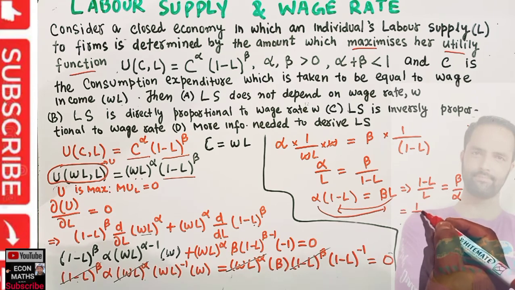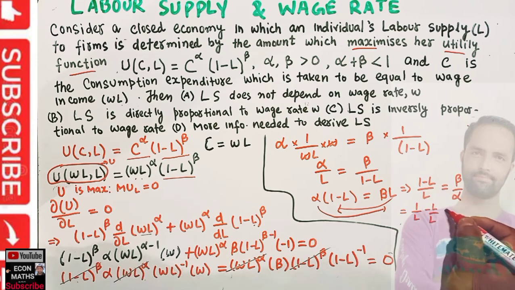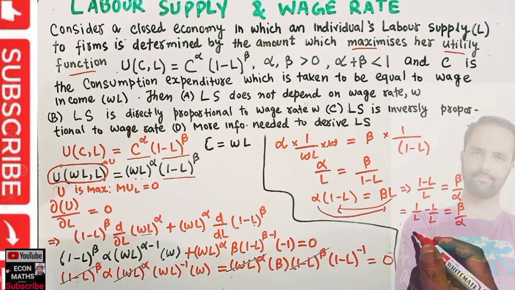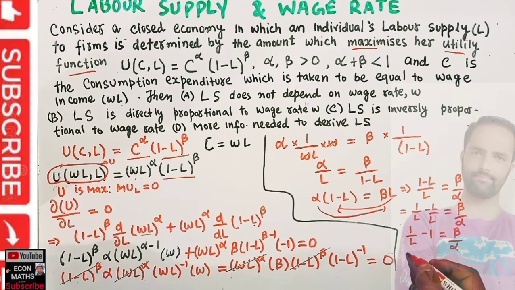This can be written as 1 upon L minus L upon L, expanding this term, is equal to beta upon alpha. So we are left with 1 upon L minus 1 is equal to beta upon alpha, or 1 upon L is equal to beta upon alpha plus 1, transposing the minus, it becomes plus.